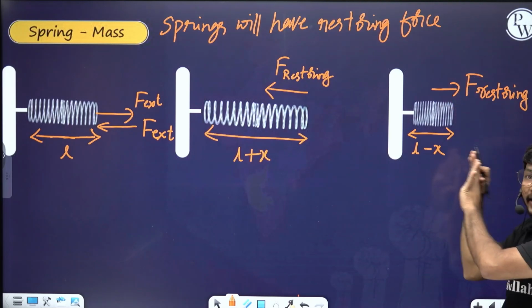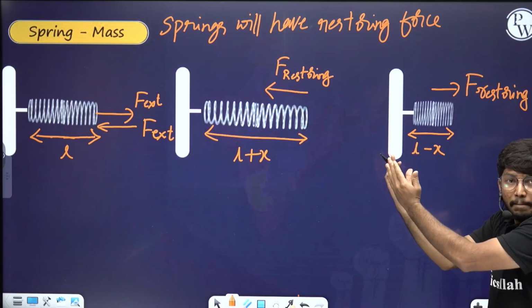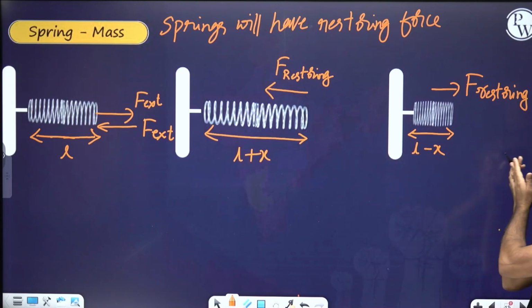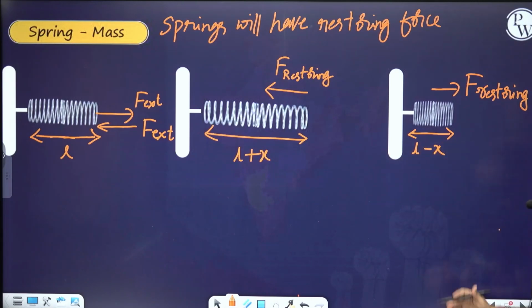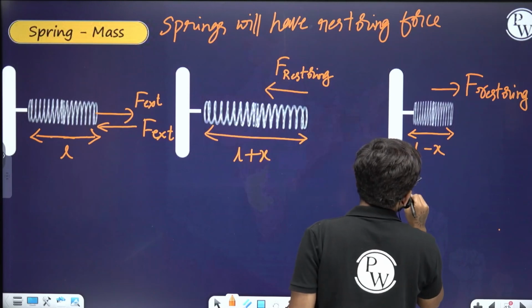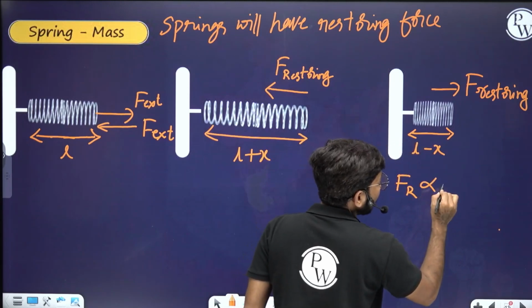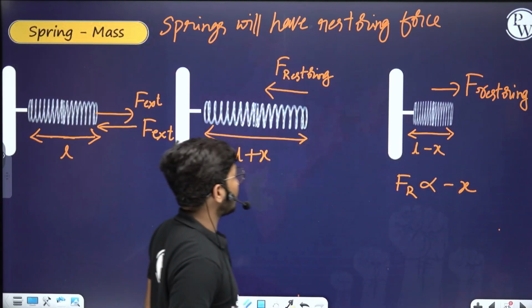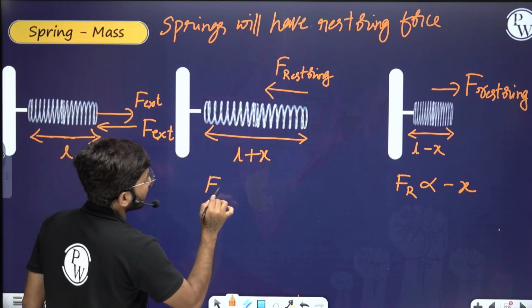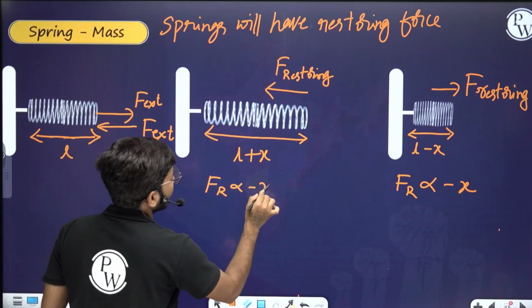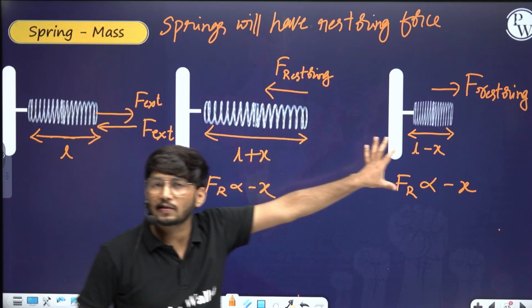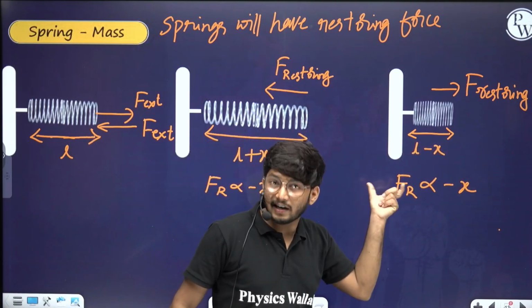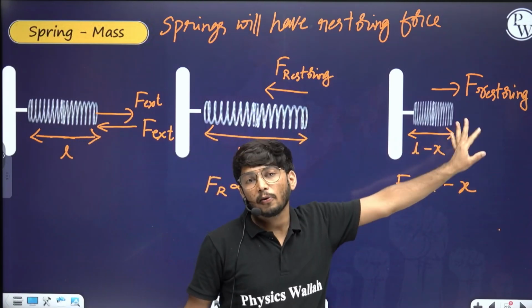The displacement is in this direction, but the force is in this direction. So we can say F restoring is directly proportional to negative of x. Here also F restoring is directly proportional to negative of x. Both the cases F is proportional to the displacement, but it is opposite to that displacement.